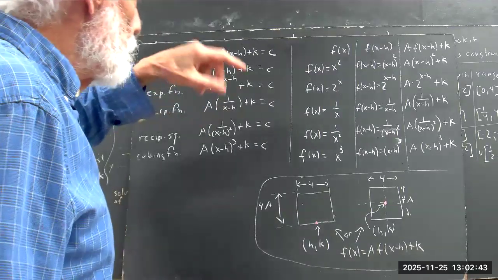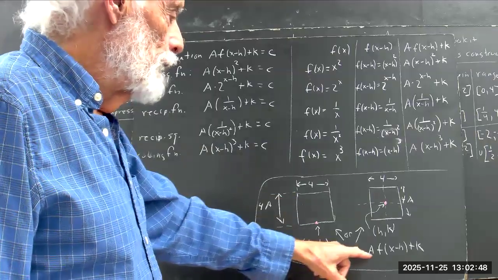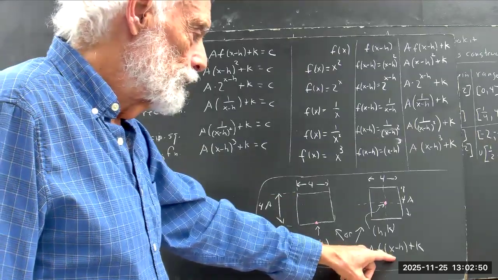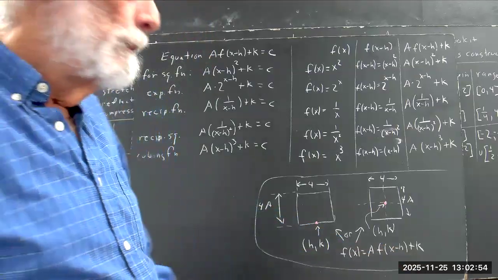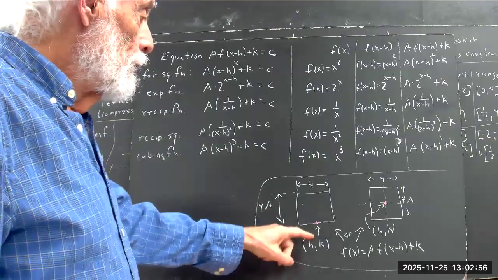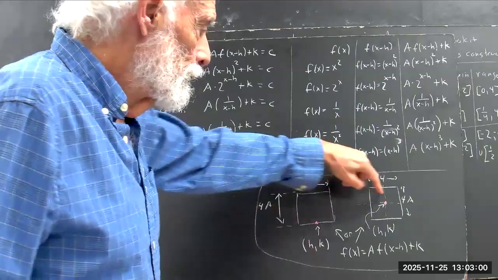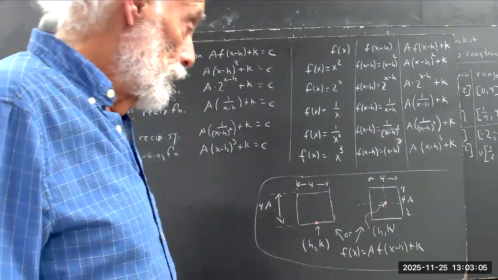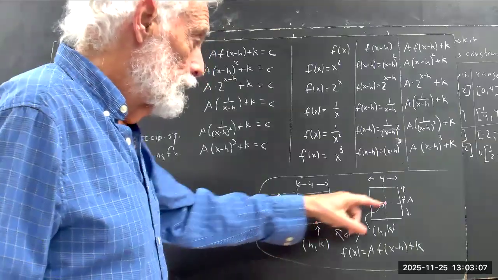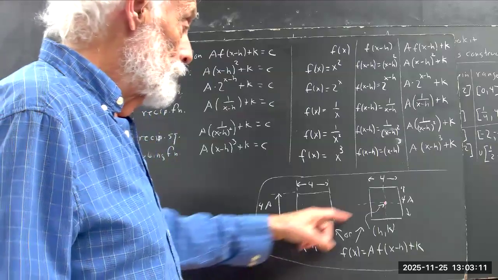So y equals a f of x minus h plus k can be constructed in a rectangle where h, k here or here is the coordinate of your red dot. So you simply draw a rectangle and put the red dot where it goes for the given function. And that's your point h, k.